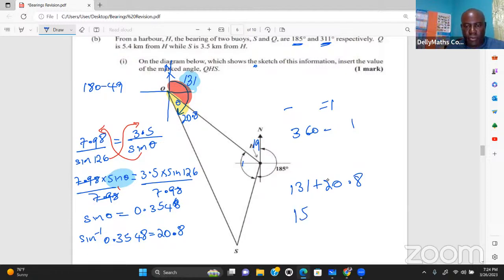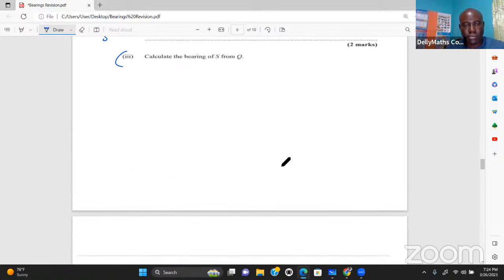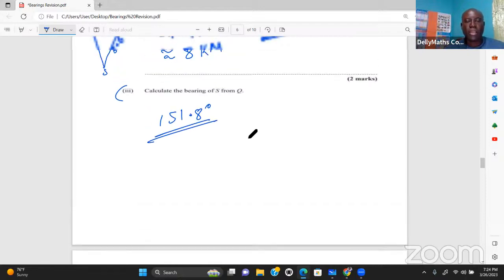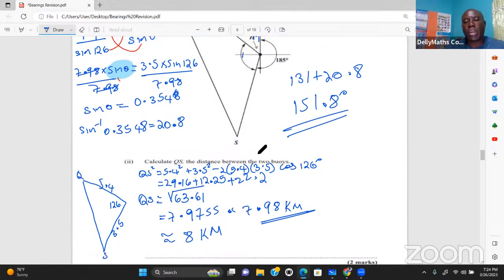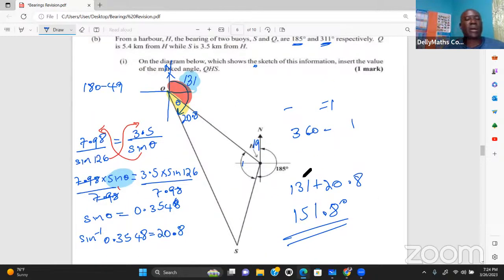So it's going to be 151.8 degrees. That's the bearing. So as you can see, how we're working on all of these, the principles are the same. We have to look, see what they want, and then put together how we are going to go forward. Always.